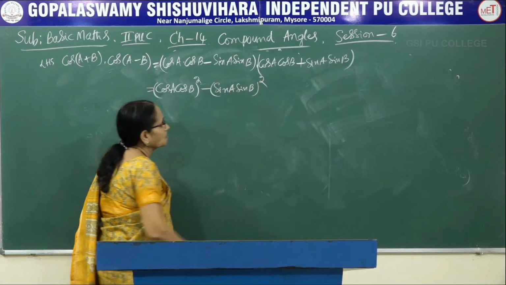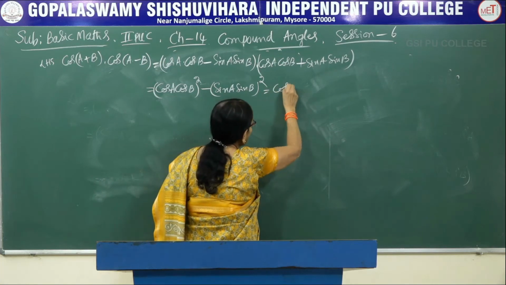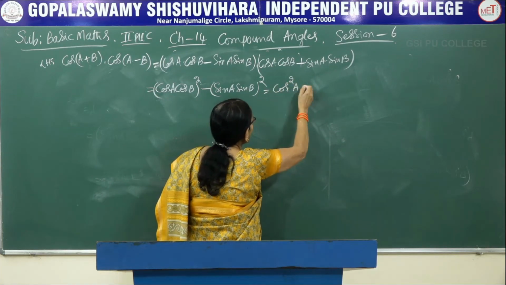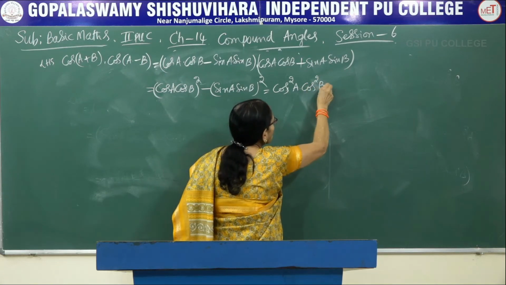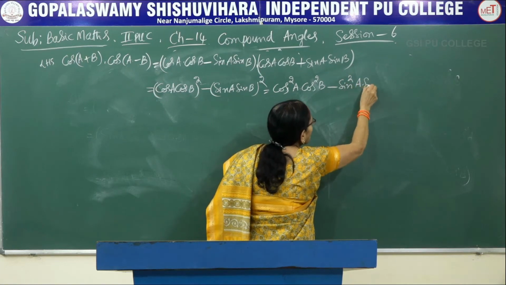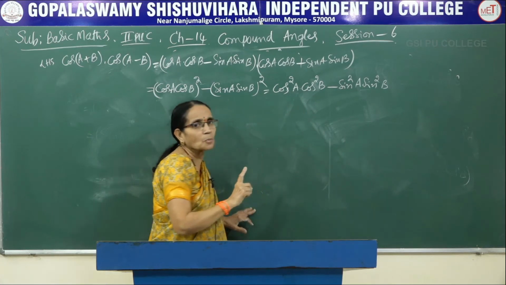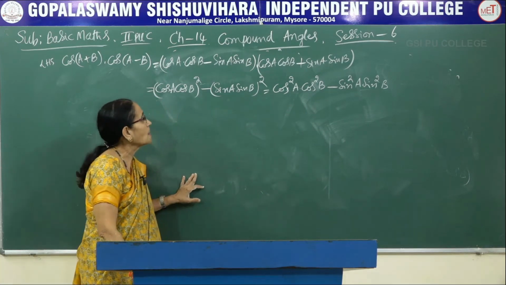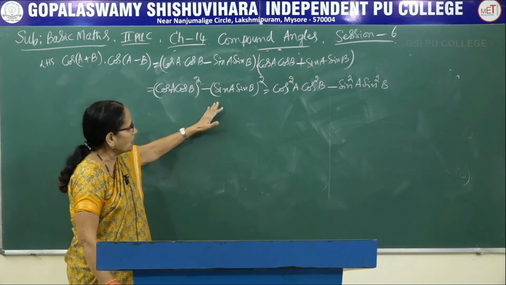Now here again, raising the power 2 to both the terms, cos square A into cos square B minus sin square A into sin square B. So I have used the compound angle formula expansion, I have used the algebraic formula, and I have multiplied.